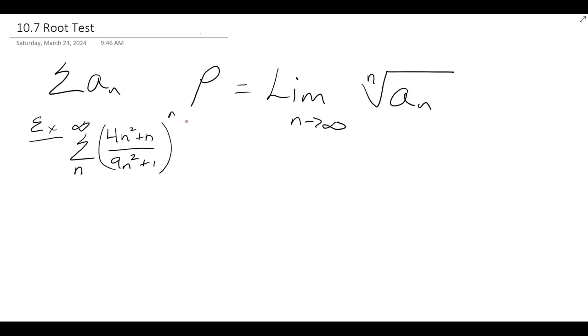So the only time you're actually going to use the root test is when you have a more complicated ratio or a sub n inside raised to that nth power.